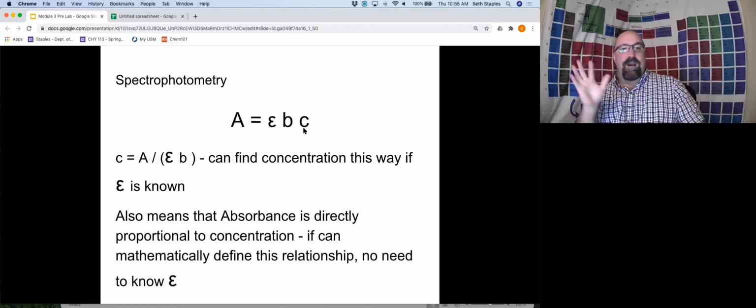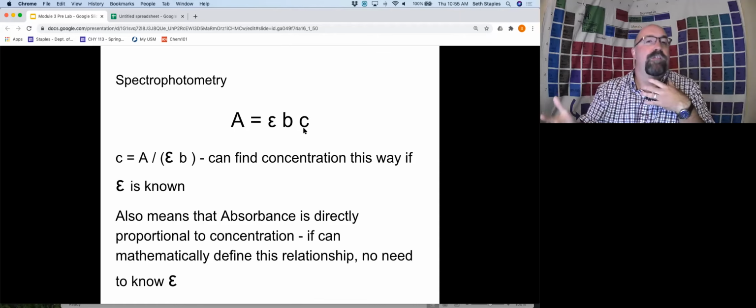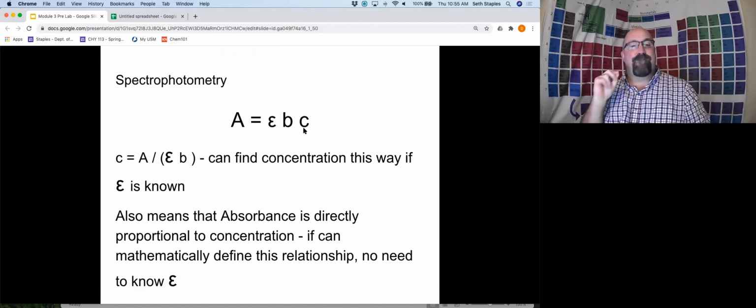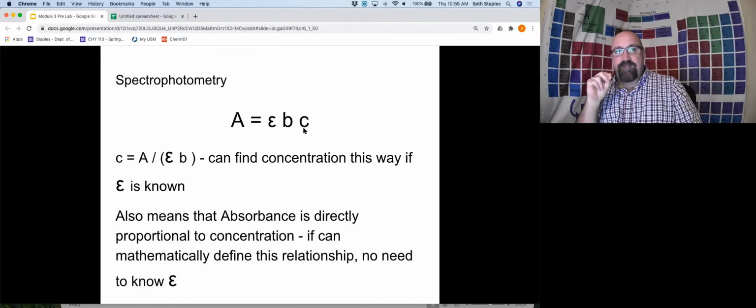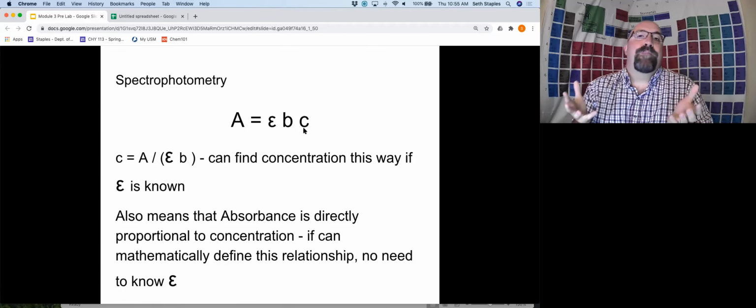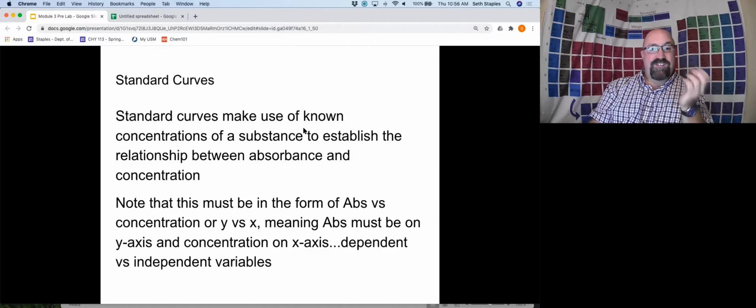If we don't even think about the molar absorptivity coefficient or the path length, we can see just from the equation that as concentration increases, so does absorbance. And so there's a direct mathematical relationship there. And so if we can define that specific relationship for our system, that relationship between absorbance and concentration, then there's no need to know epsilon. And we're going to see what that's all about right now by looking at what we call standard curves.